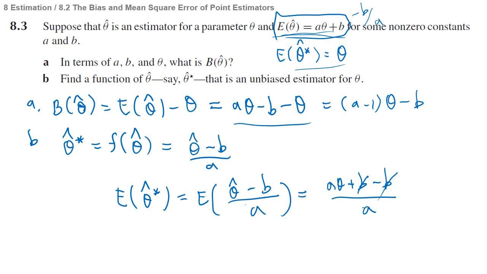The b cancels, and the a cancels, and so this is theta. So theta star is unbiased. If we define our estimator to be like this, then it is unbiased.